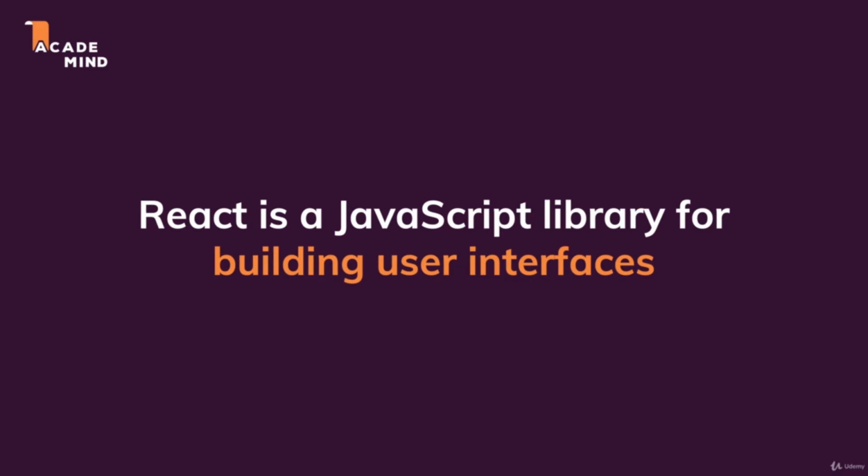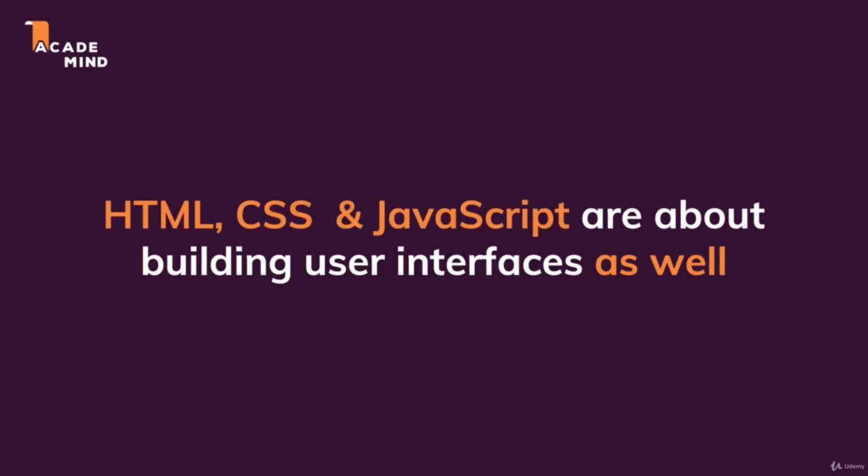And for that, keep in mind what you learned in the first course section. React is a JavaScript library for building user interfaces. And we also learned that, of course, in general, HTML, CSS, and JavaScript are about building user interfaces as well.